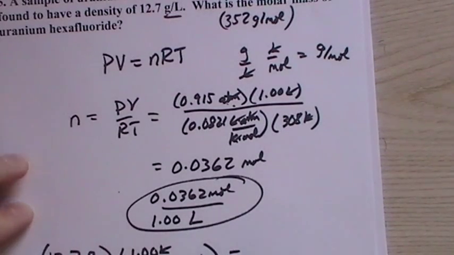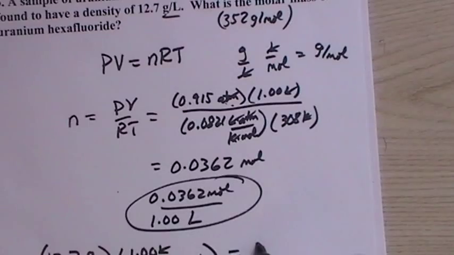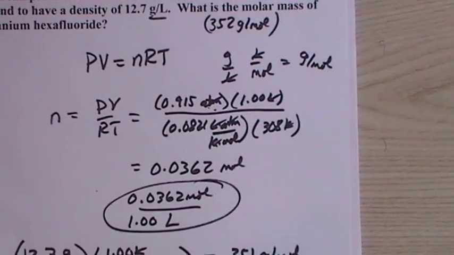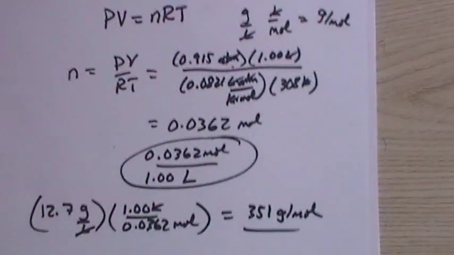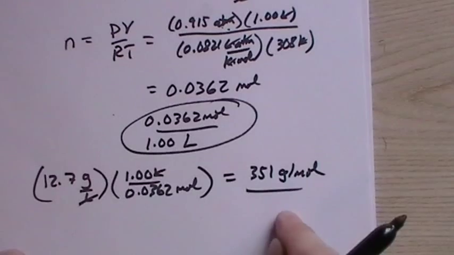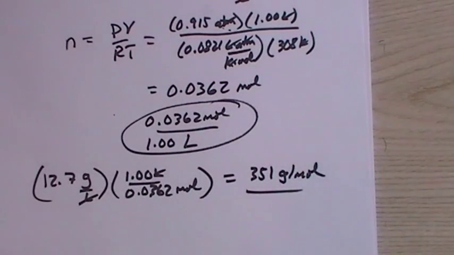Liters cancel, and we're left with 12.7 divided by 0.0362, and this comes out to be 351 grams per mole. It's different. It's 352 is what we calculated from the periodic table. This is going to be slightly off because we did a lot of rounding. Several steps happened, but that's fine. If we wanted to get to 352, we would just have needed a few more significant figures.